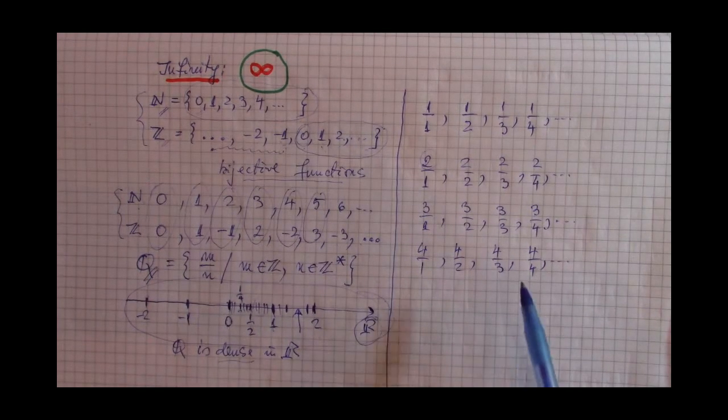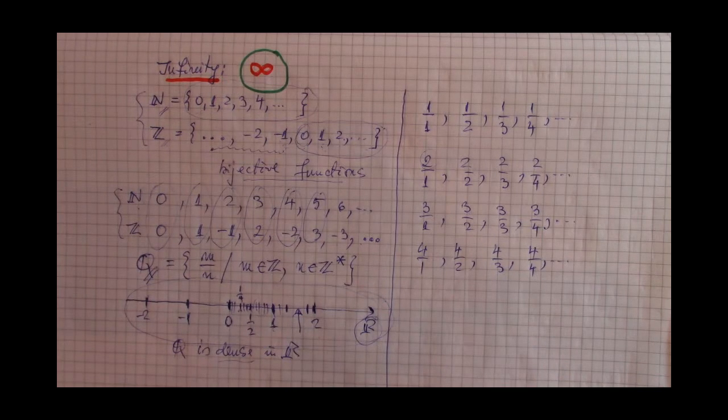If you take a good look at this little algorithm for writing the positive rationals, you'll see that if we keep going, eventually every single one of them will be written down.